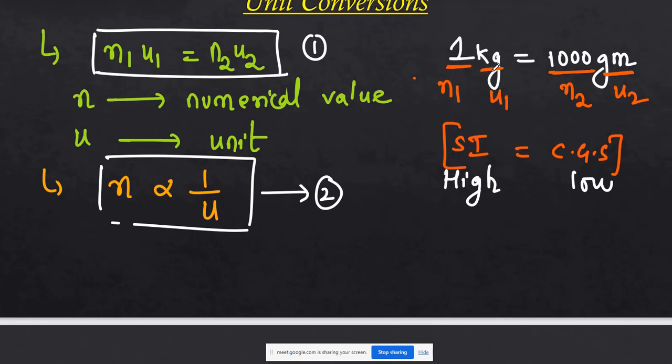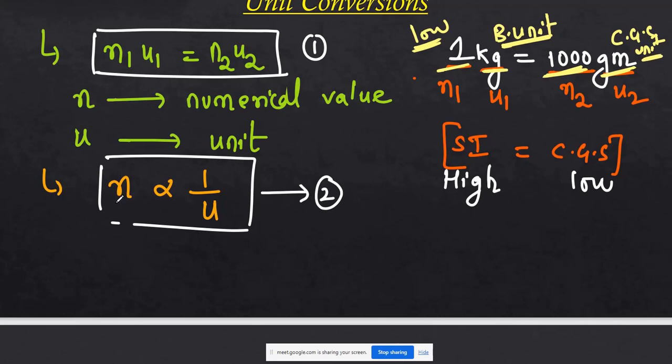In SI system, which is a bigger unit, what is the number value? Very less. Now, gram is a CGS unit, which is a smaller unit. See the number value, it is 1000. Left side 1, but right side 1000. So, if you see the relation, number is less, but unit system is big. Number is more, but unit system is small.